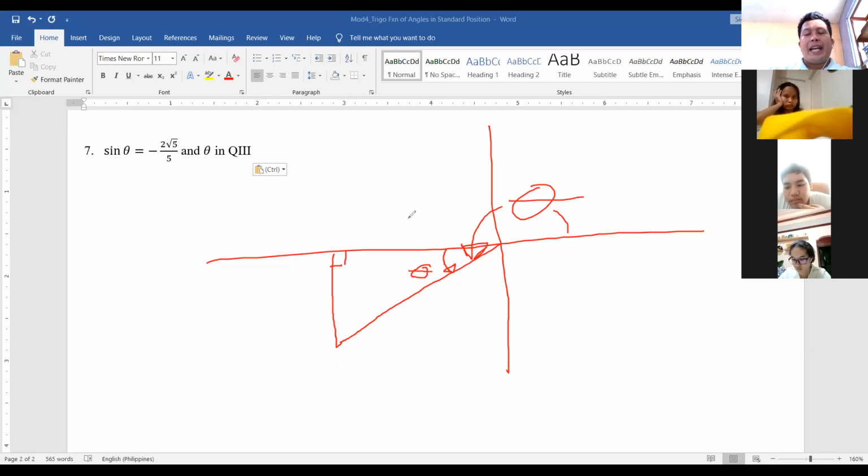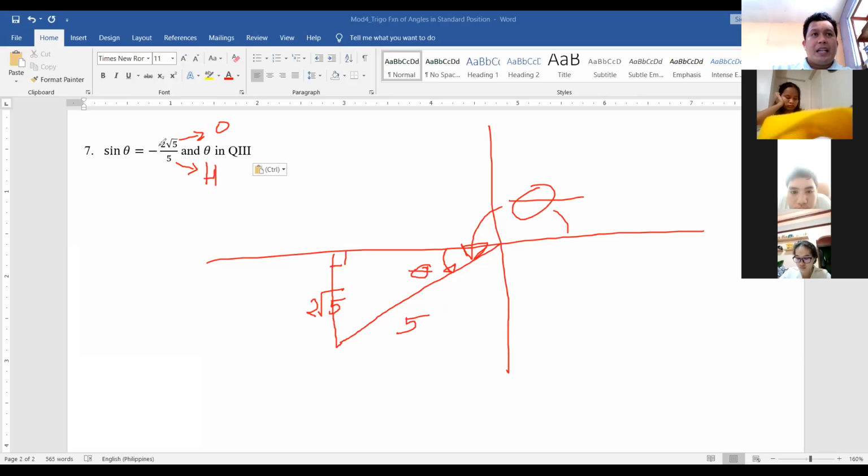What's the formula for sine? Opposite over hypotenuse. So this is the opposite value and this is the hypotenuse value. Which means that in the figure, this is 2 square root of 5, the opposite of theta, and this is the hypotenuse.